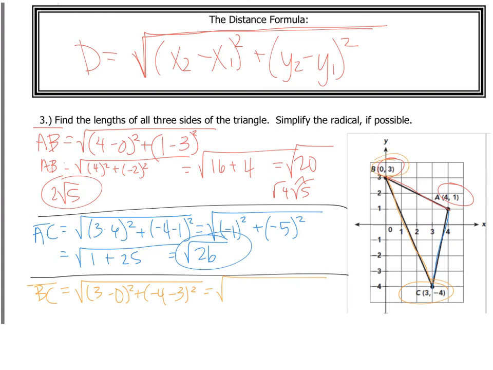So 3 minus 0 and negative 4 minus 3. That you're not switching back and forth which ones are your 1's and which ones are your 2's. So 3 squared plus negative 7 squared, which becomes 9 plus 49, which becomes the square root of 58, and the square root of 58 cannot be reduced, so that is your simplified radical.